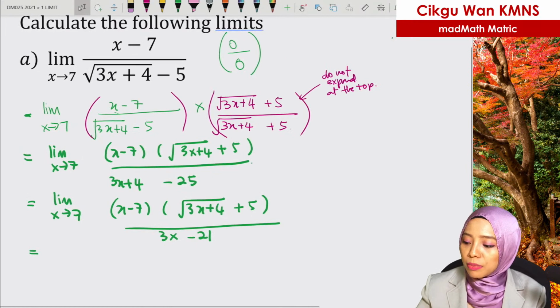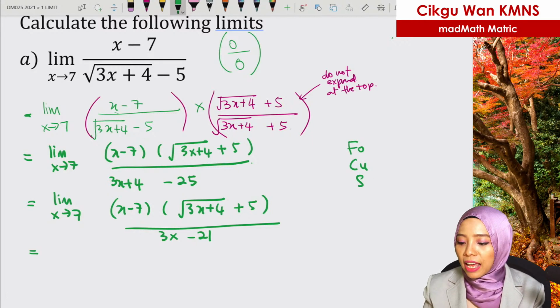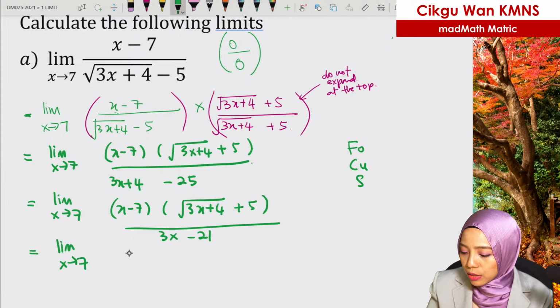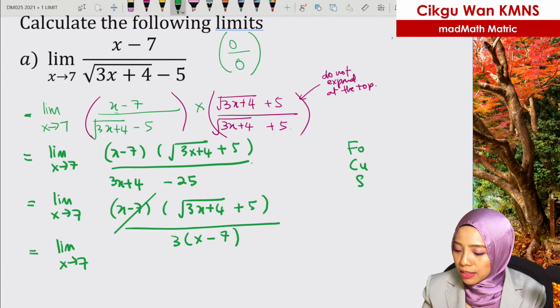Okay, because my tips, what did I tell you? My tips for focus. So you all must focus. F for factor or conjugate, C for cancel. You must cancel in your solution. Limit x approaching 7, so x minus 7. Teacher can take a shortcut. 3x minus 21, I take out 3, so 7 here. Cancel out.